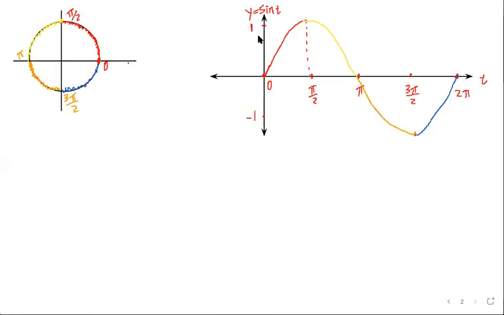And this is the period, the distance here is 2 pi. The distance from this point until this point, from here to here, is the period.